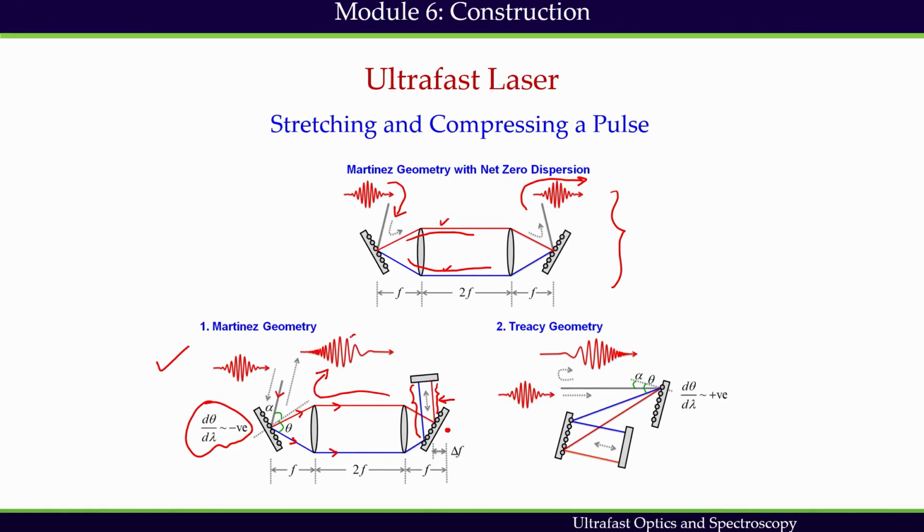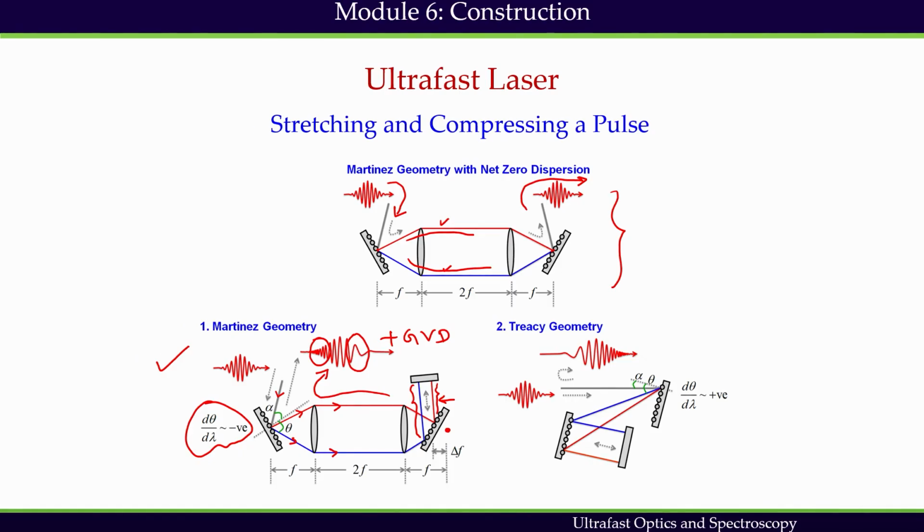So the earlier time is represented by the low frequency components of the pulse, and the later time of the pulse is represented by the high frequency components, and this is nothing but positive GVD. We have introduced positive GVD, that is why we have introduced chirp and we have stretched the pulse.